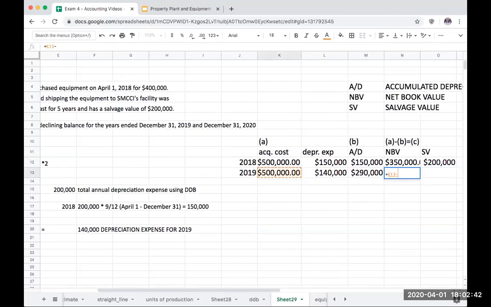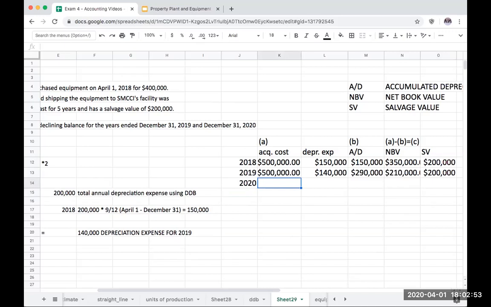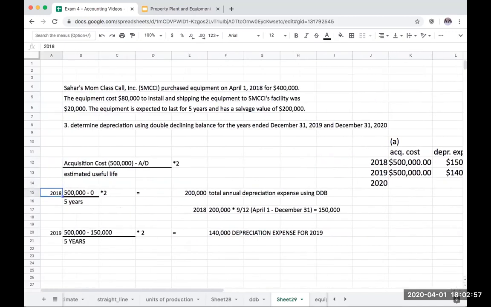My net book value is going to be $210,000, and over here I got my salvage value of $200,000. So I can continue to depreciate the asset more. However, I'm going to be somewhat limited. So let's go over here to 2020.